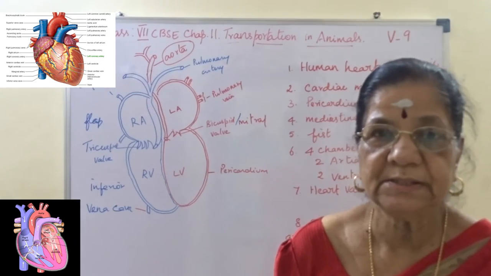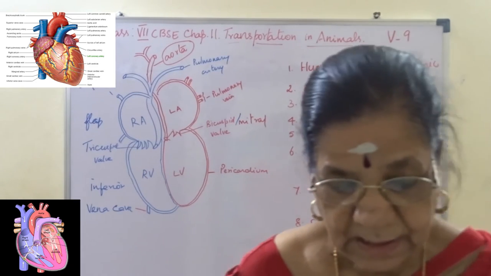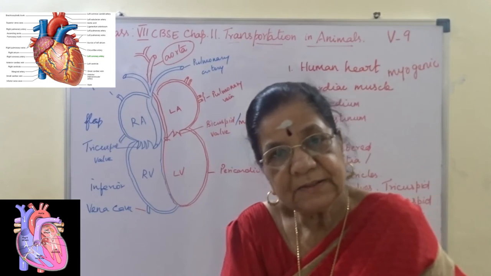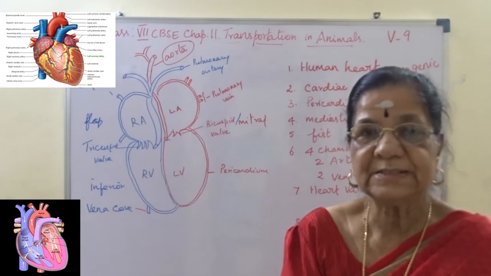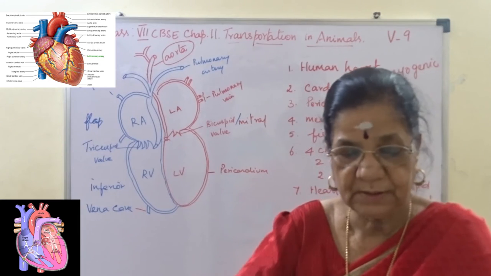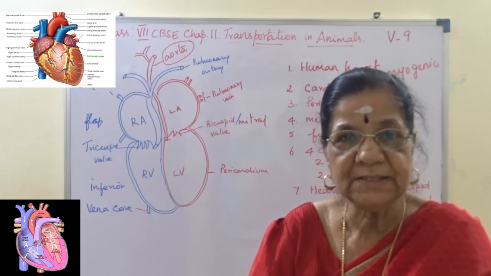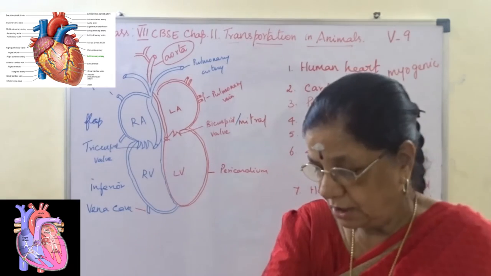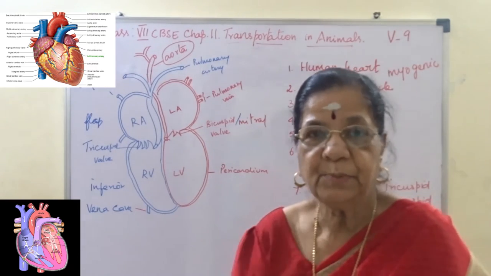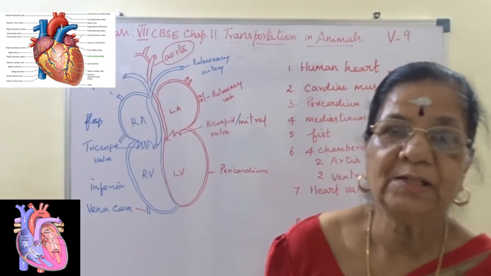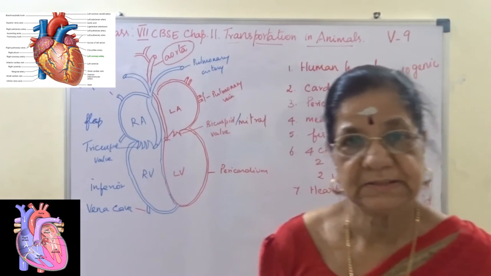The wall of the artery is thick and elastic, and then it is found deep inside the muscles. Whereas veins are superficial. Arteries are deeper, and then there are no valves in the arteries.